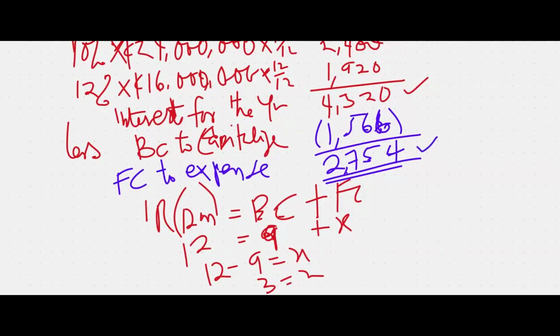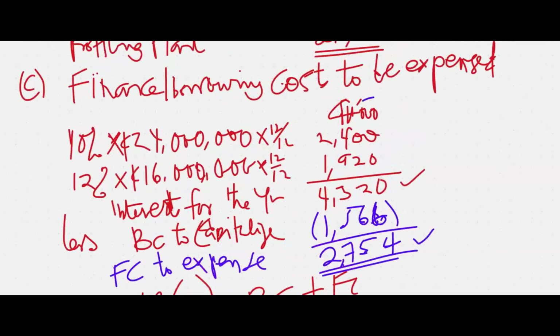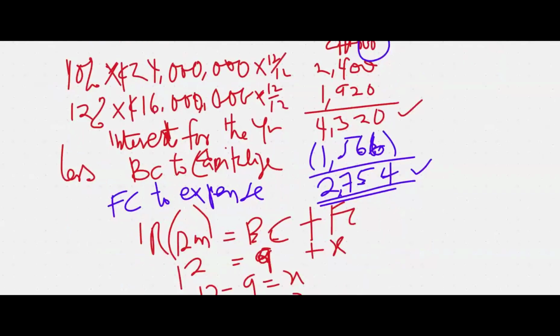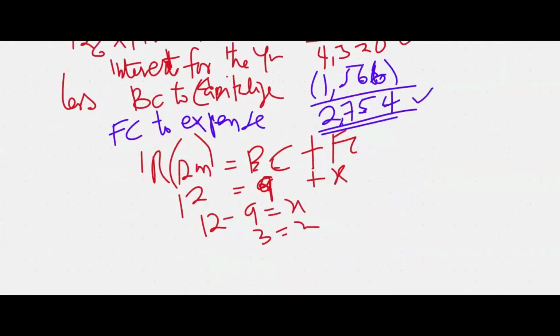Are we good? It follows this order, using yellow. The interest for 12 months: from the spread, I told you that we have to add the borrowing cost and the finance cost to get the total interest for the year. If the interest is 12 months and borrowing cost takes 9 months, how do we find finance cost?